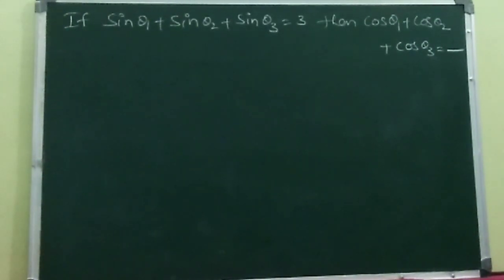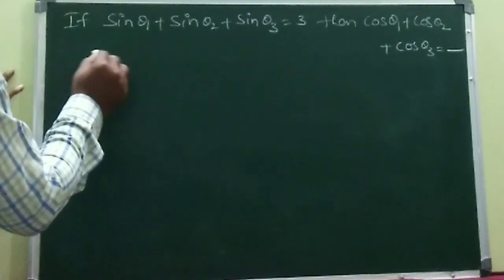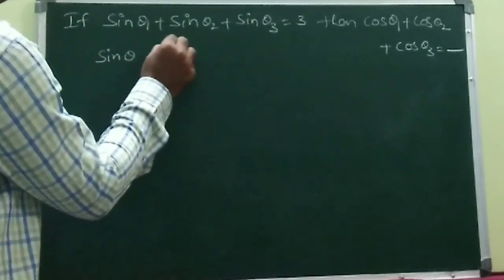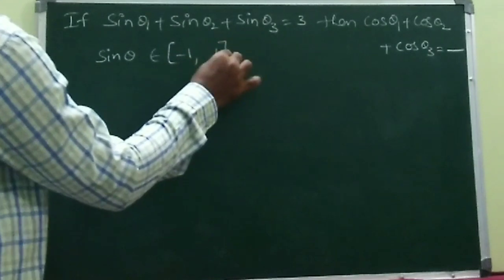So see this, if sine theta 1 plus sine theta 2 plus sine theta 3 is equal to 3, then the value of cos theta 1 plus cos theta 2 plus cos theta 3 is equal to dash. You know, my dear, the range of sine theta will be the closed interval -1 to 1.